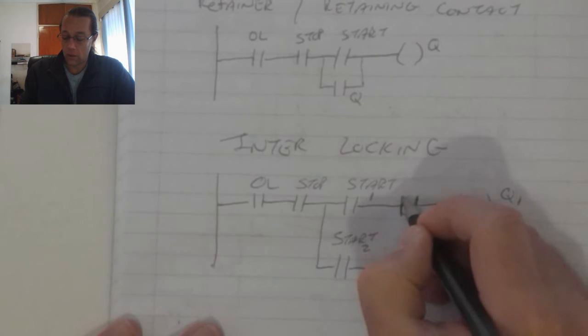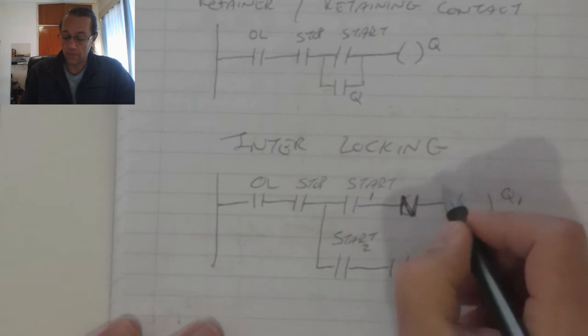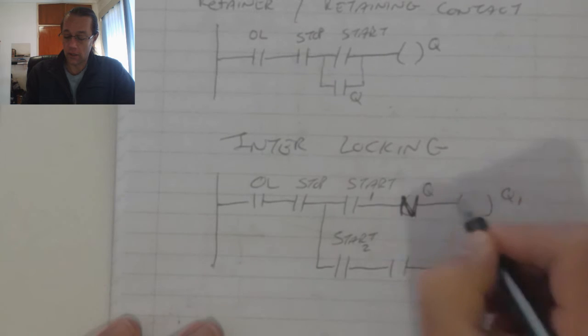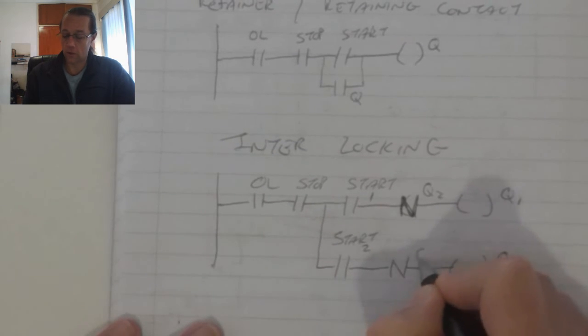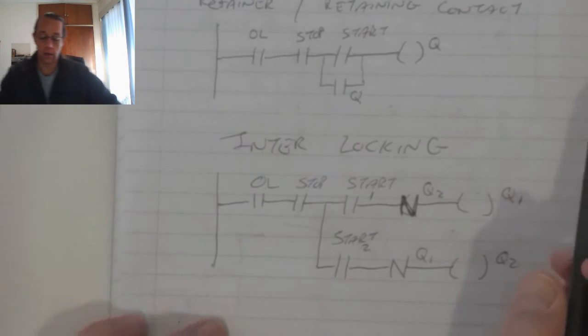And we've got a normally closed contact over there, which is controlled by Q2, and we've got this normally closed over here, which is controlled by Q1.